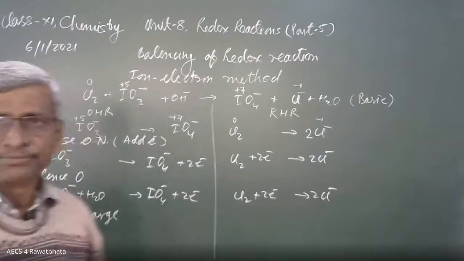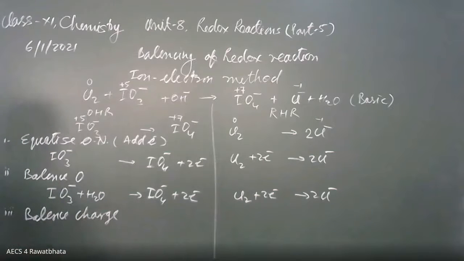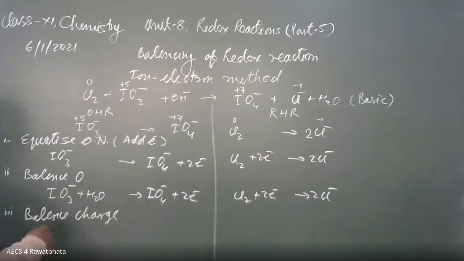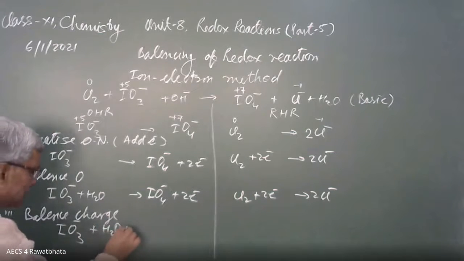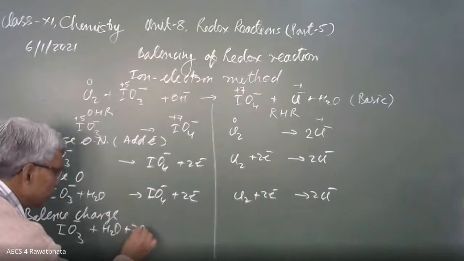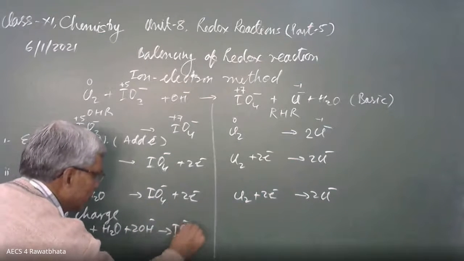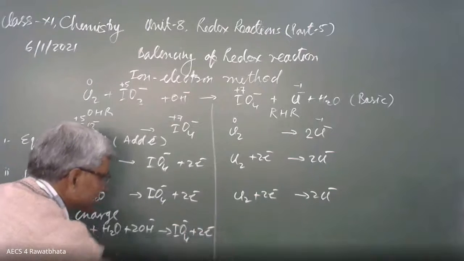That is the change here. So, balancing charge, see that here 1 minus and here is 2 minus and 1 minus, 3 minus. This side we have to add 2 minus in the form of OH. So, the reaction is IO3 minus plus H2O plus 2 OH minus gives IO4 minus plus 2 electrons.